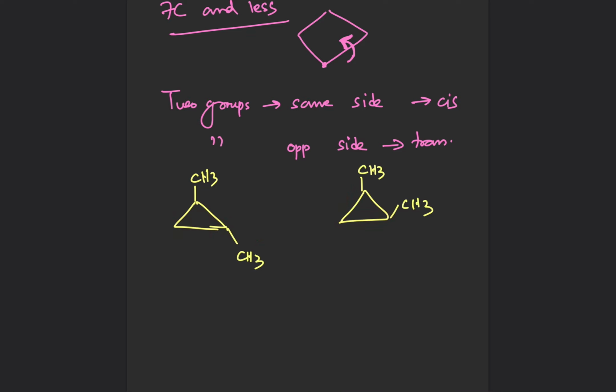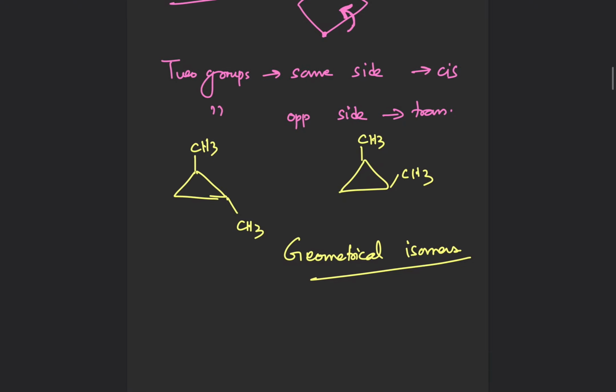I cannot rotate this to get this. Okay, so therefore both of these are stereoisomers, that is, they have the same formula but different arrangement in space. And to be specific, they are geometric isomers. This one will be the cis form, this one will be the trans form. Okay.